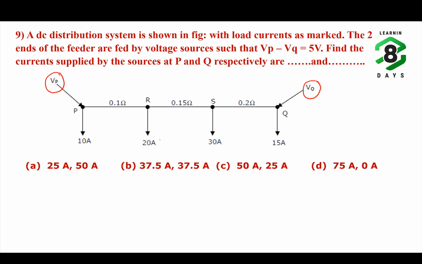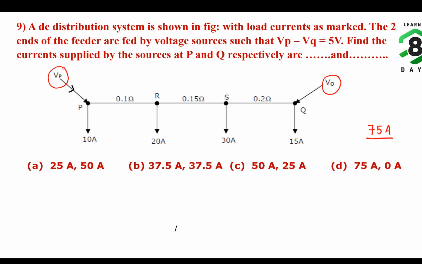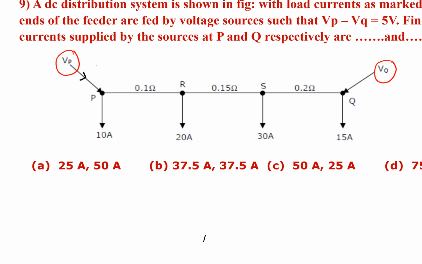So both these sources are feeding this distributor which is having 4 loads. What is the total load on the distributor? The total load on this distributor is the sum of all these load currents. This value is how much? 75 ampere is the total load on the distributor. So to approach this kind of problem, we have to assume the current that is being fed from the source at P. Let us call this current as, say, I. So what will be the current that will be fed from the source at Q?